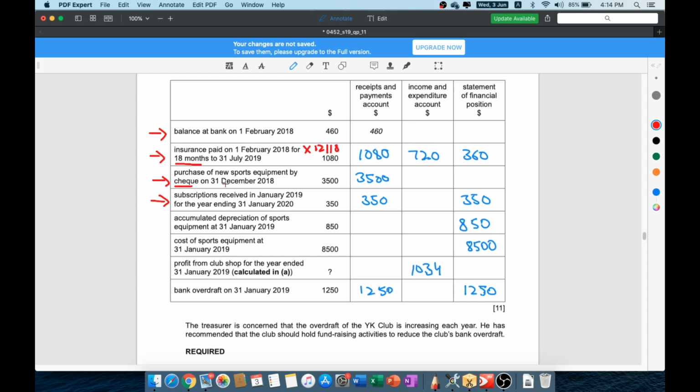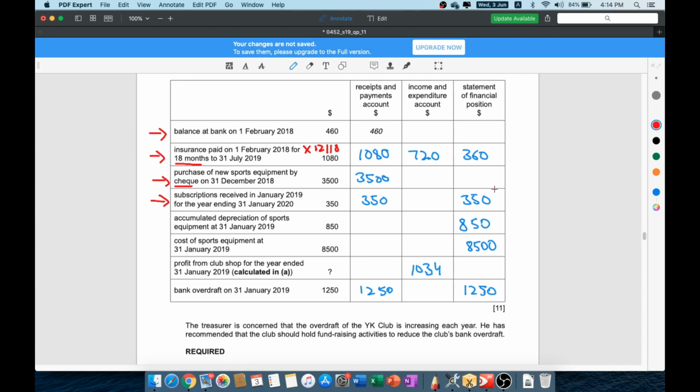People pay for subscriptions, so that's cash, or in this case, check. So we're just going to put 350 under receipts and payments account because we received $350 worth of money for subscriptions. And then subscriptions are assets, and that's not been added to this year. So we're just going to add that to the balance sheet under our assets.